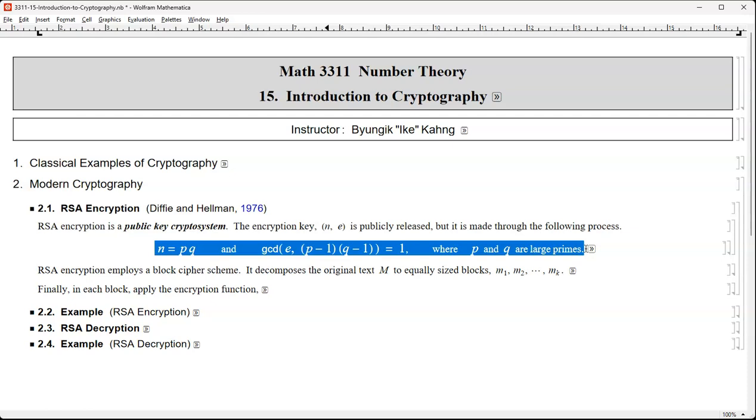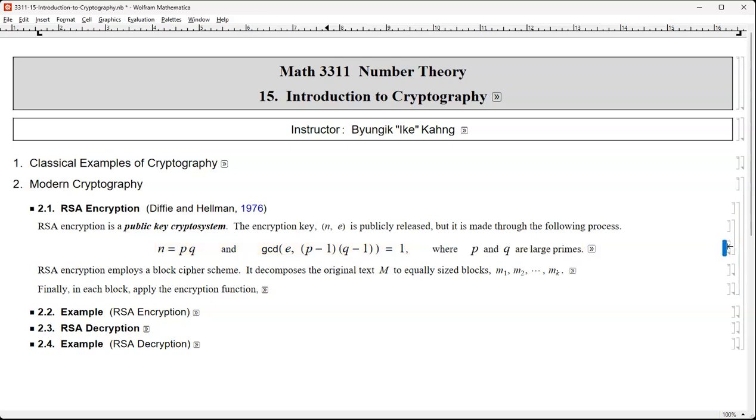So getting P and Q, which are really humongous primes, from the encryption key is next to impossible. I mean, within a reasonable time frame, within the lifetime of the universe, that's not possible. So many people call it zero-knowledge encryption, zero-knowledge crypto system, because nobody knows, including the computer.